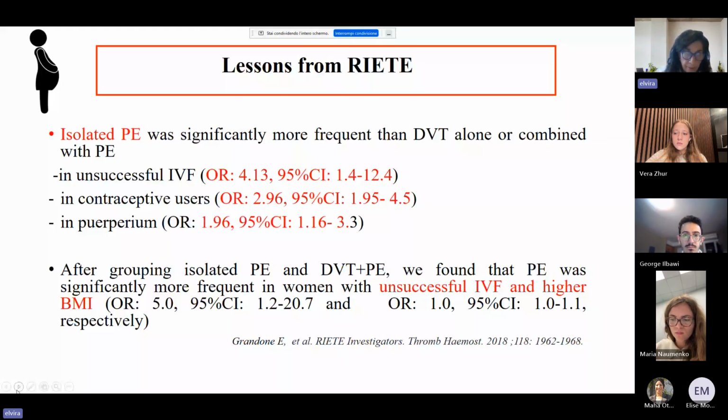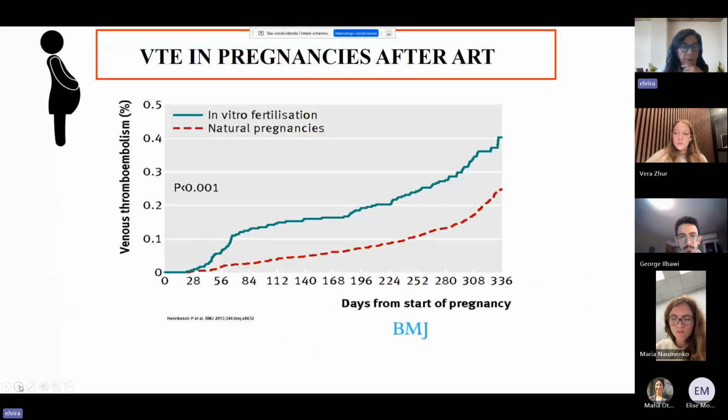And this is maybe the reason why our fertility centers are particularly worried about the VT risk in women, for instance, approaching for the first time a cycle.